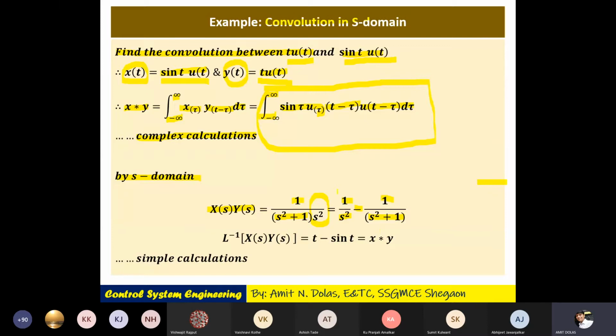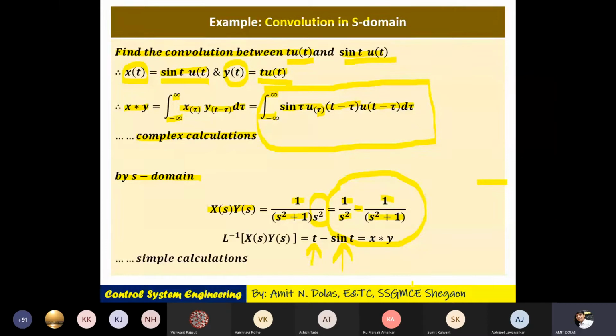If I take the inverse Laplace transform of this, that is 1 by s square minus 1 by s square plus 1, then 1 by s square is nothing but t, the inverse Laplace transform that we have seen already, and 1 by s square plus 1 will give sine of t.